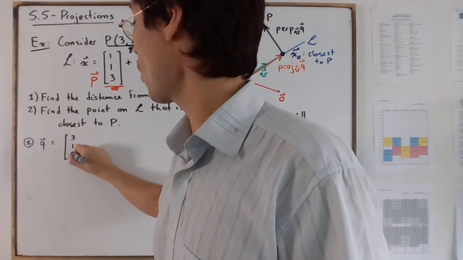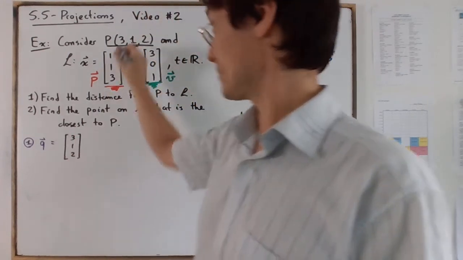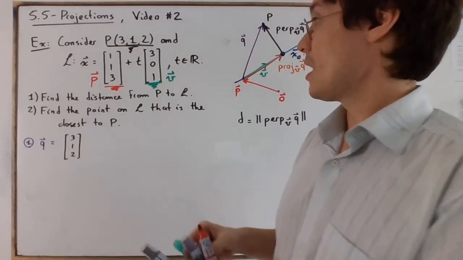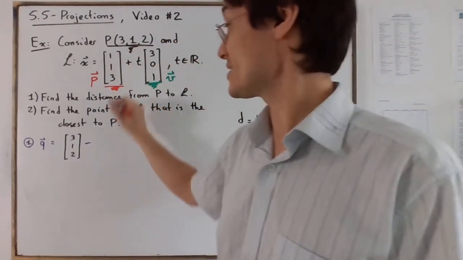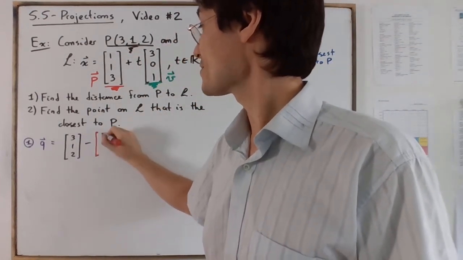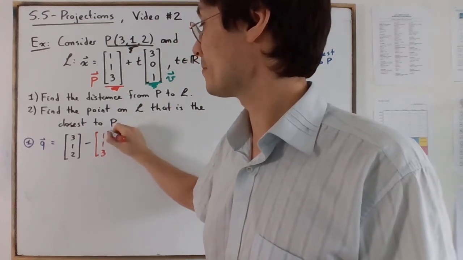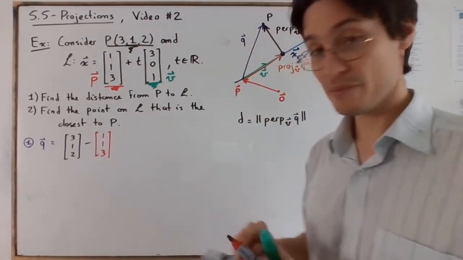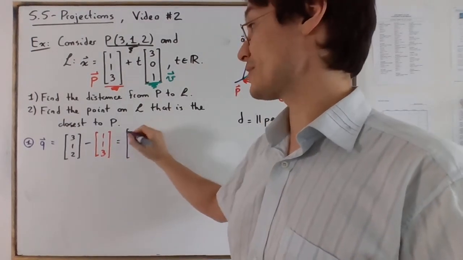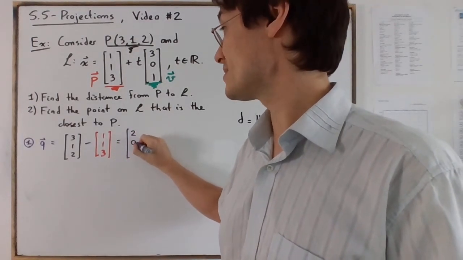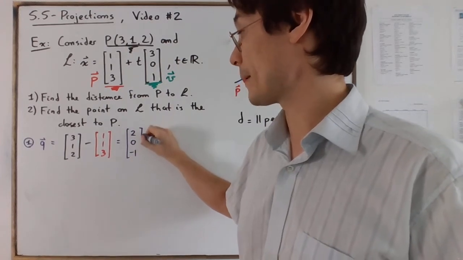So (3, 1, 2). I'm taking this thing right here, minus the vector P, right? Which is this one, (1, 1, 3). And then you just calculate the result. You're getting (2, 0, -1).